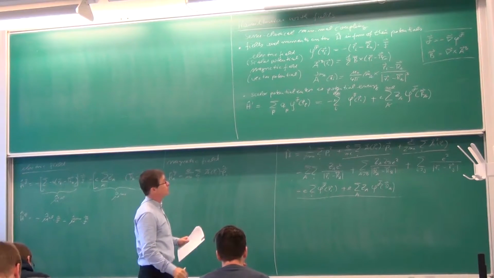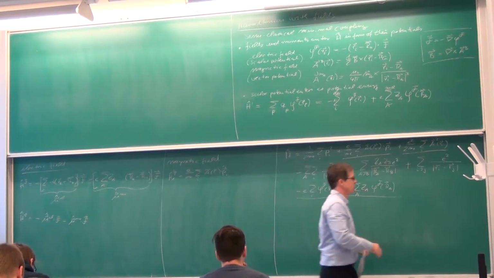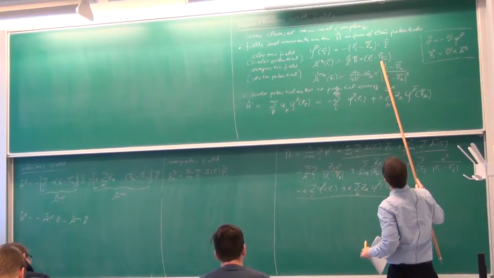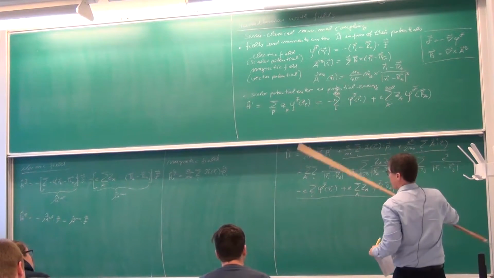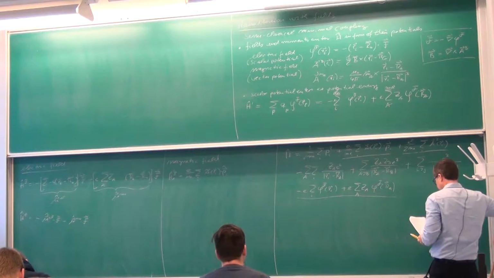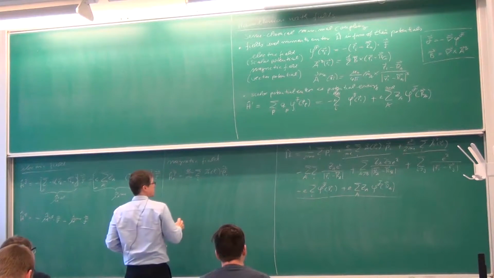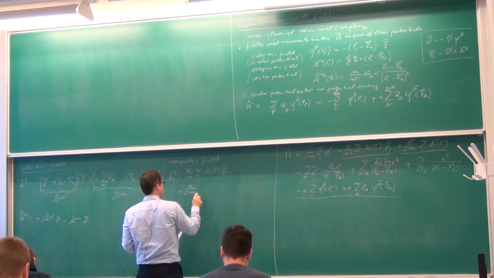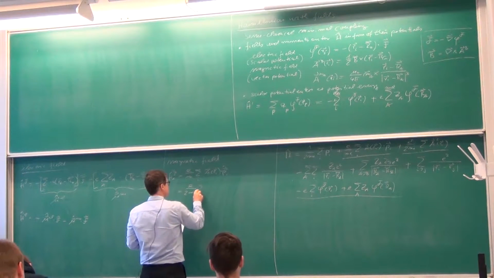Now if I insert the expression for the vector potential of a static and homogeneous magnetic field, which is this one here, what do I get? Then I guess I get e divided by 2 m_e again, sum over all i.